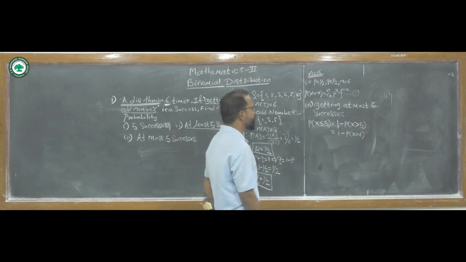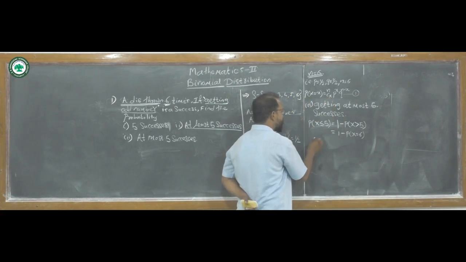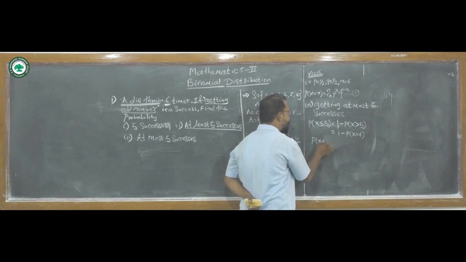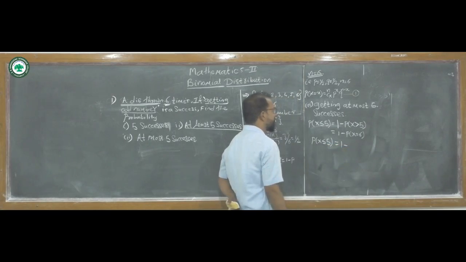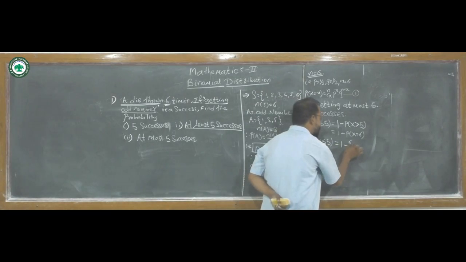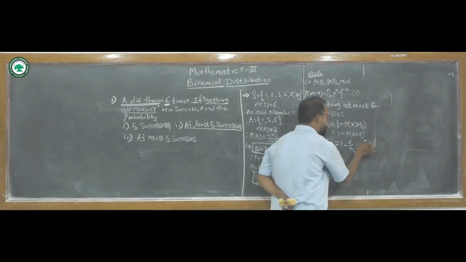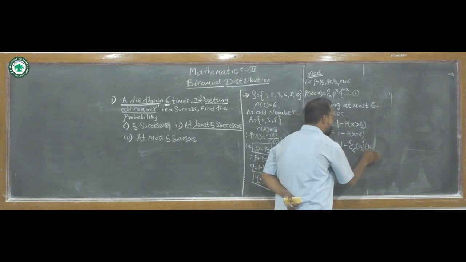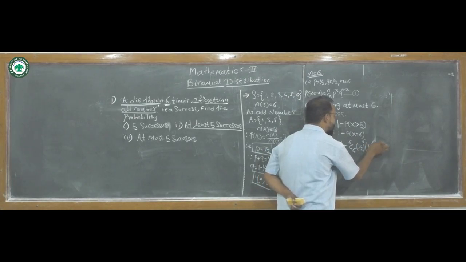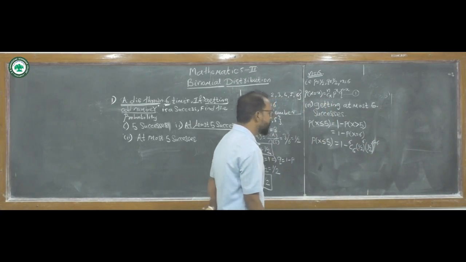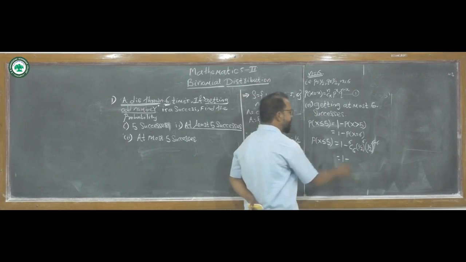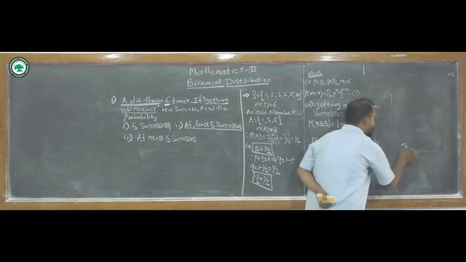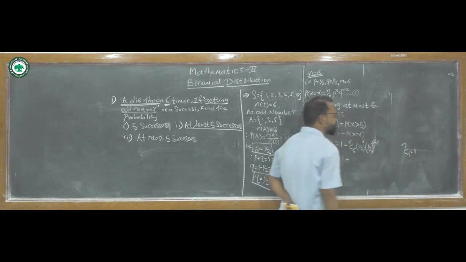Now putting this value in equation 1, we get the probability of x less than or equal to 5 equals 1 minus 6C6 (1/2)^6 into (1/2)^(6 minus 6). Now we know that nCn is 1.